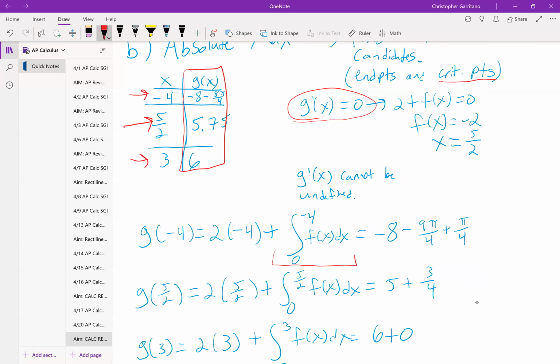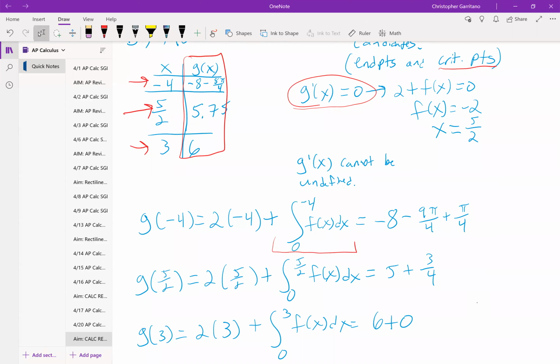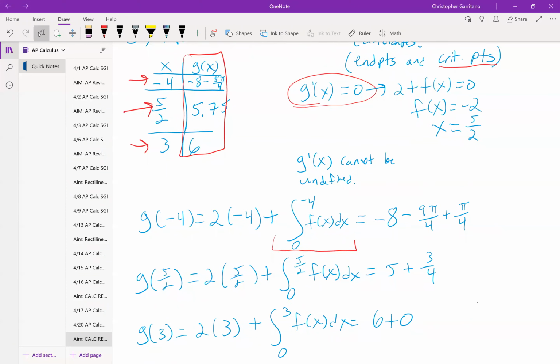And of course, you do need to be careful about whether those values are positive or negative. So anyway, without going through the work, because I think you can calculate and add areas on your own, G of -4 ends up being -8 minus 8 pi over 4. G of 5/2 ends up being 5.75, and G of 3 ends up being 6.